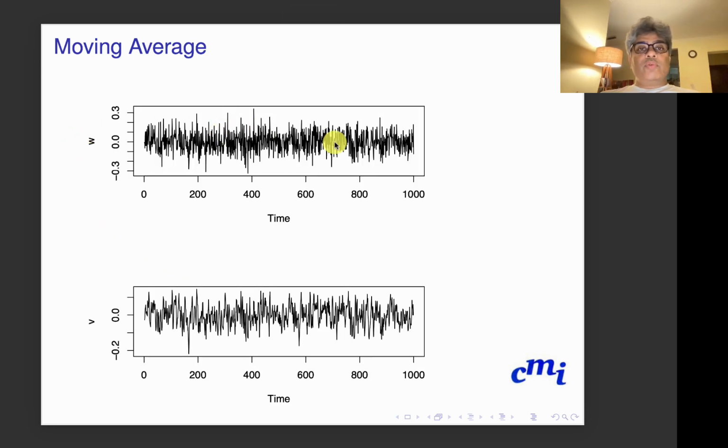So here is the original Wt from the Gaussian distribution, and if you calculate the moving average, you can see that some jitteriness is reduced from the Gaussian white noise, but it still follows a similar pattern as a series.